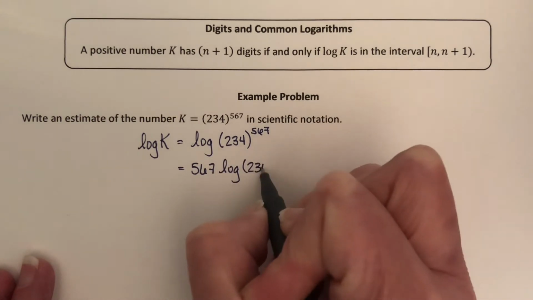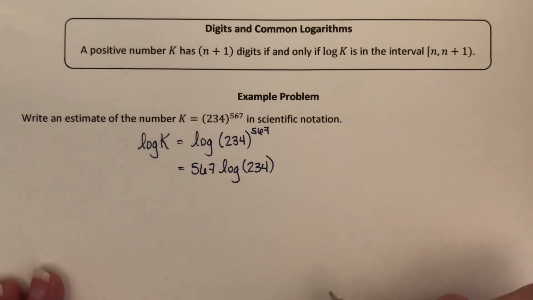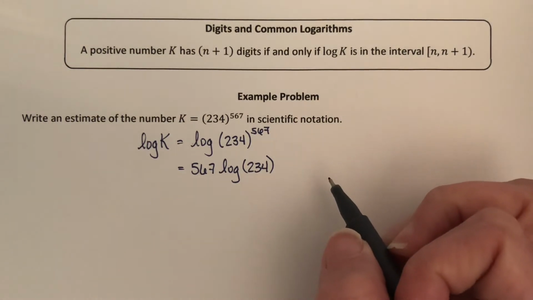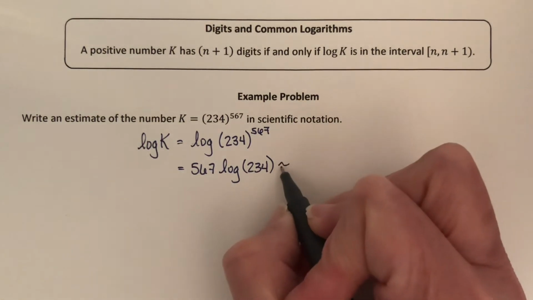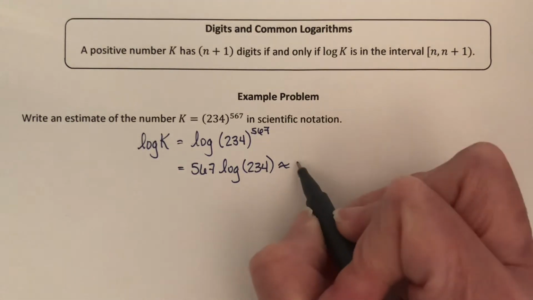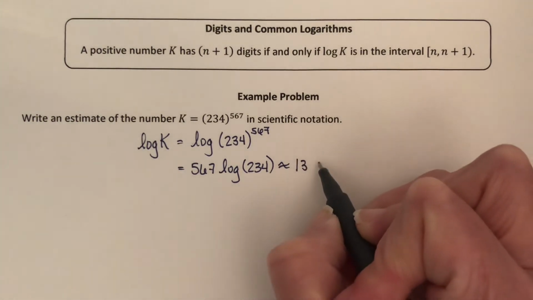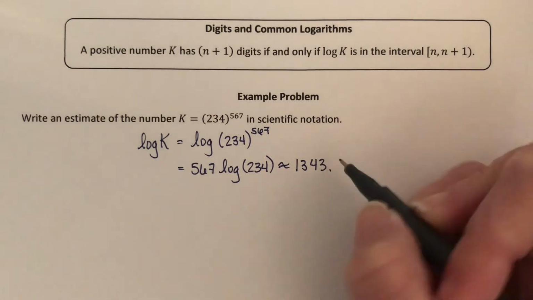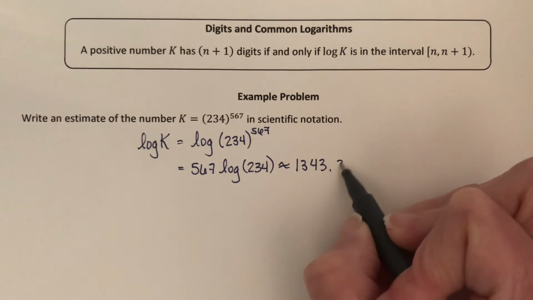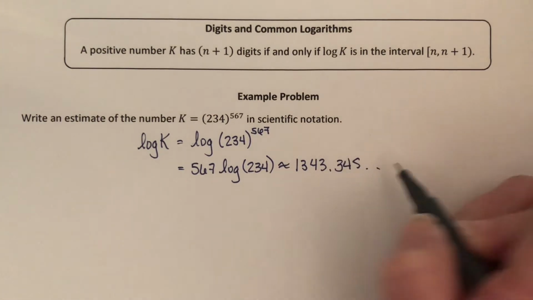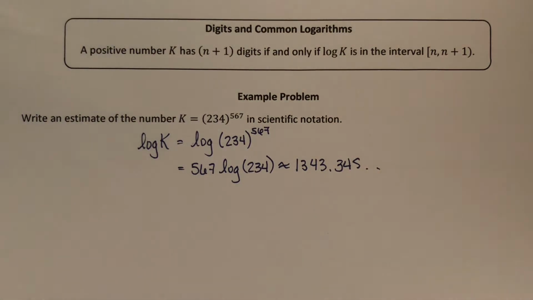And then you can use your calculator to get an estimate of this. And this is approximately 1343.345, and it keeps going.